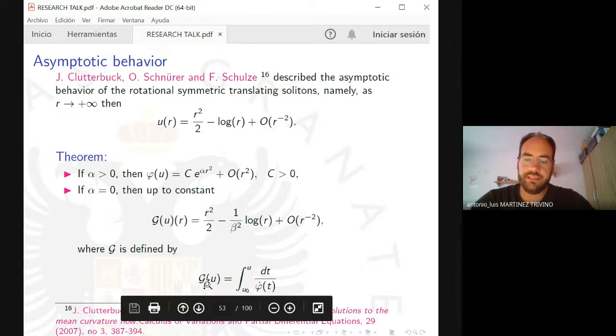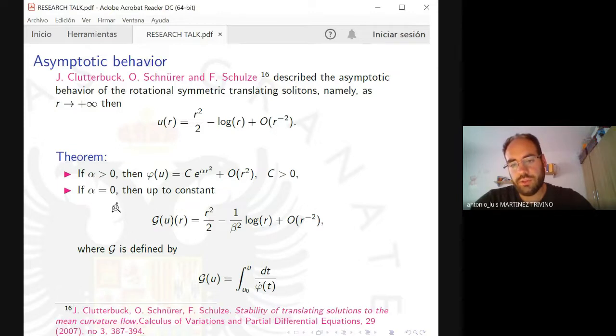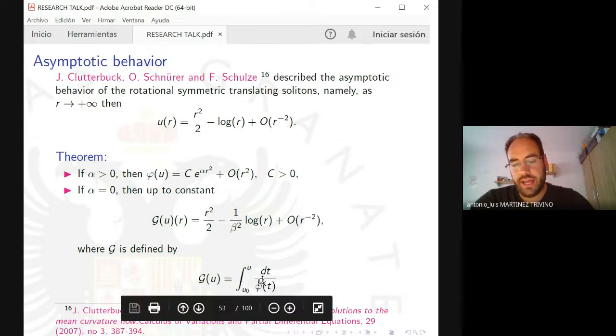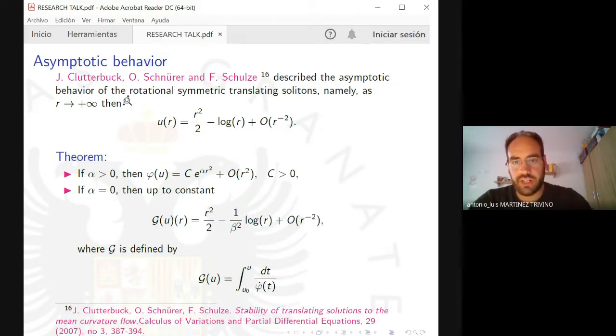Notice that this function is again strictly monotone. Then we have the following asymptotic behavior. Notice that this case coincides with the previous case of translating solitons when the first derivative coincides with beta, coincides with 1. Okay, we recover the previous result of Clutterbuck, Schnürer, and Schulze.